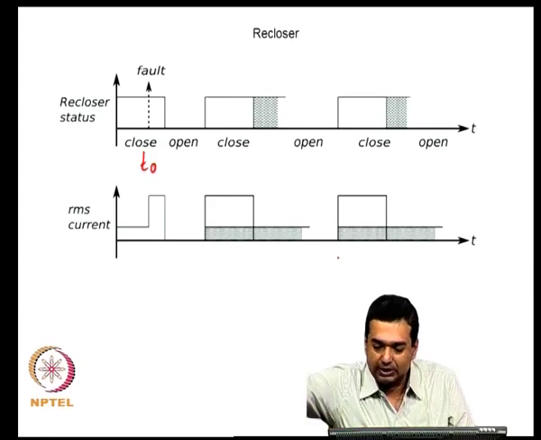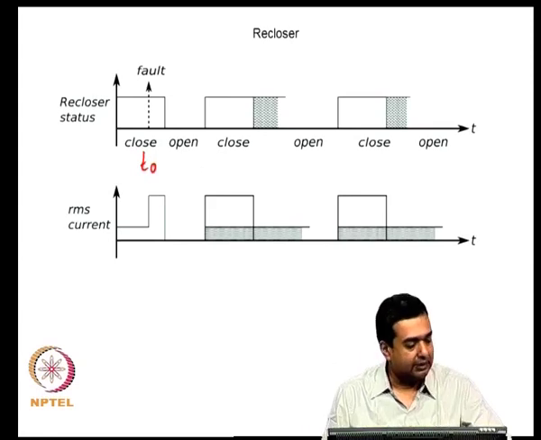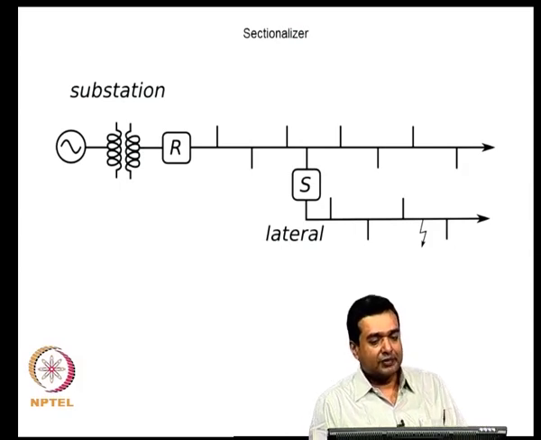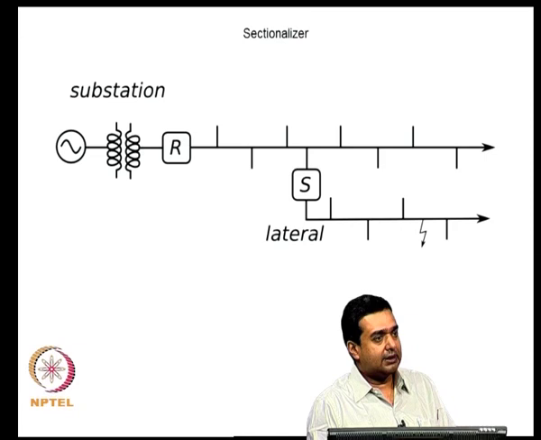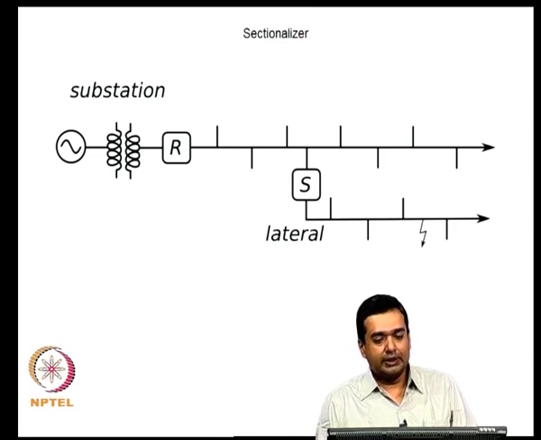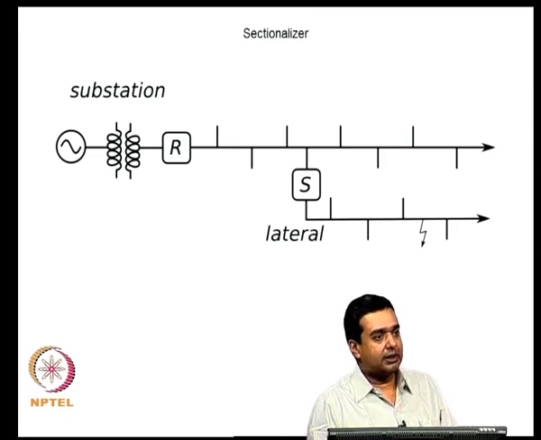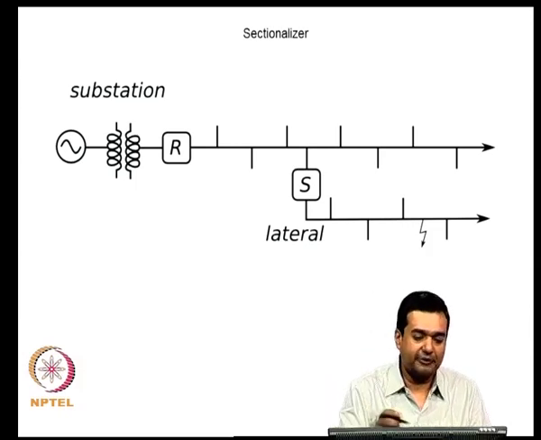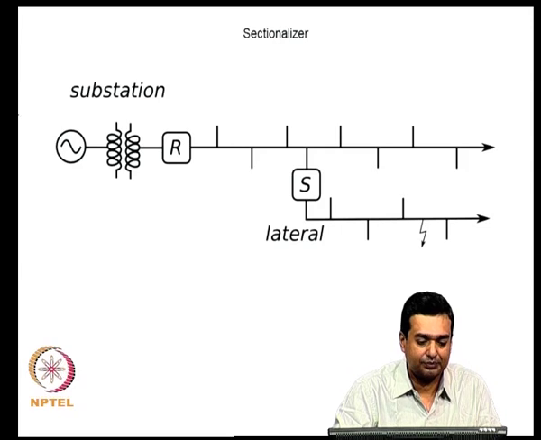So, if you look at another item that we had mentioned, we had also mentioned sectionalizers. A sectionalizer is a device which is intended to operate along with a recloser. So, suppose you have a feeder coming from a substation.